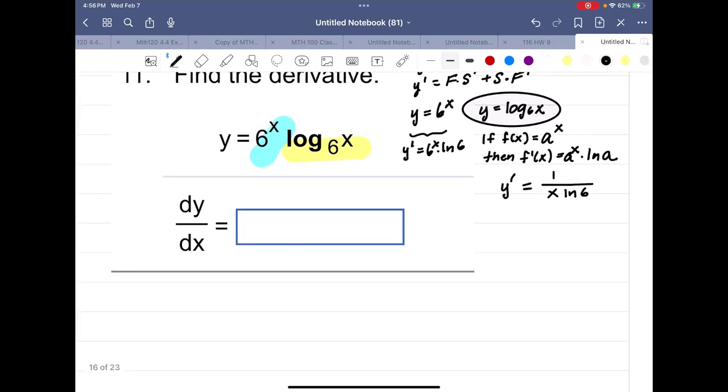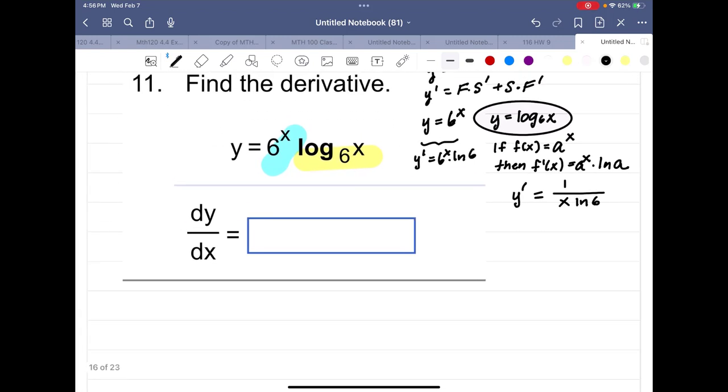So we're going to put this together as our dy dx is our first, 6 to the x, times the derivative of the second, 1 over x, natural log of 6, plus our second, log base 6 of x, times the derivative of the first, which is 6 to the x, natural log of 6.